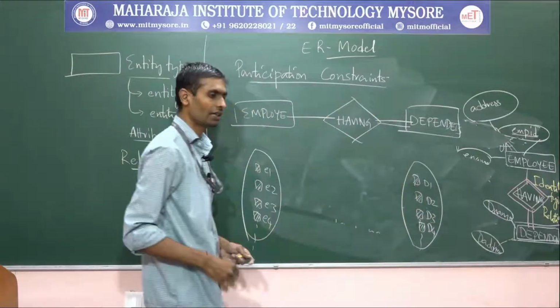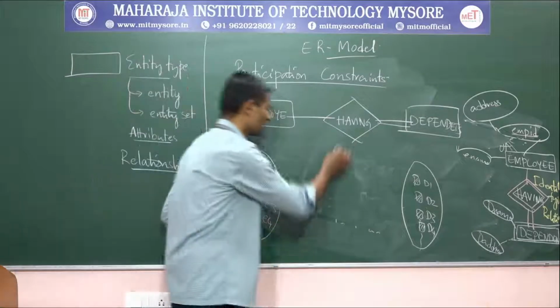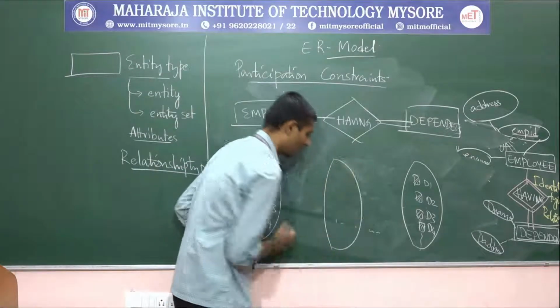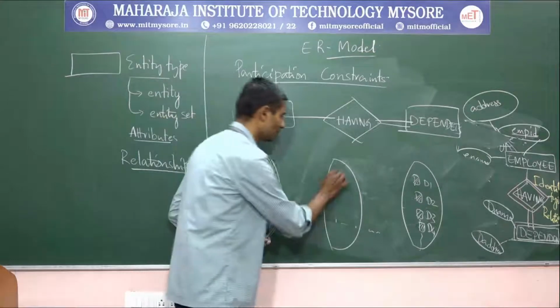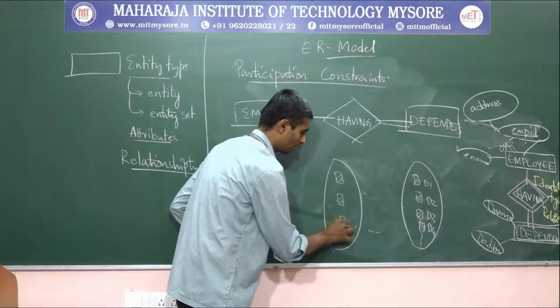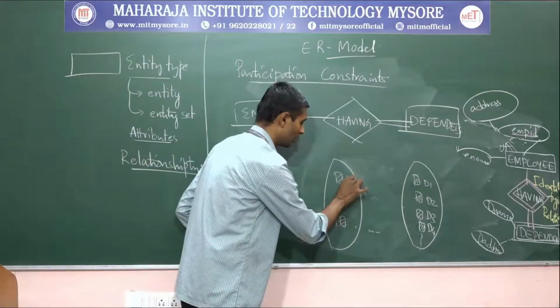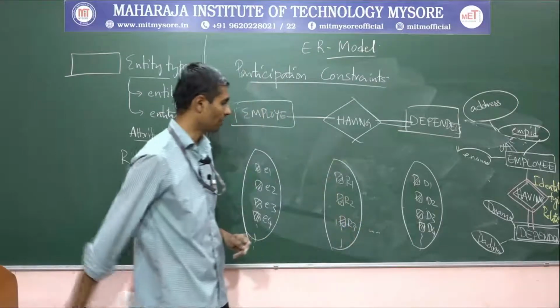We can have n number of dependent instances and n number of employee instances. Even for this relationship type having, we need to draw one relationship set, because it might also consist of many relationship instances. Let's assume R1, R2, R3, you can give any name, no issues, till Rn.